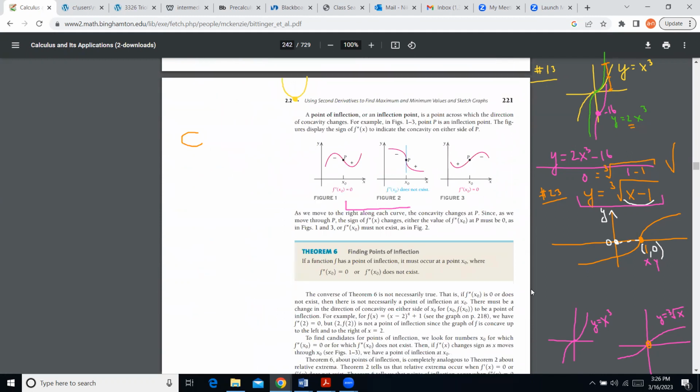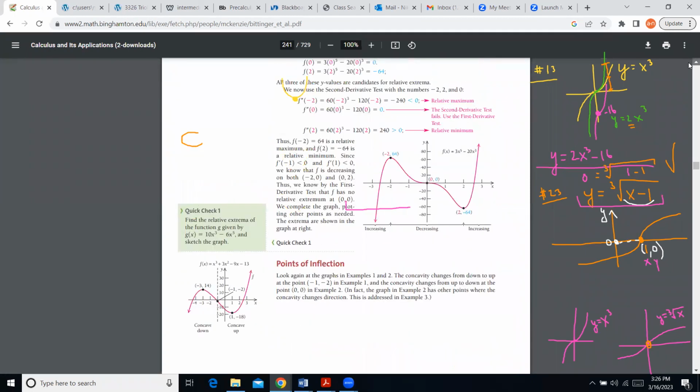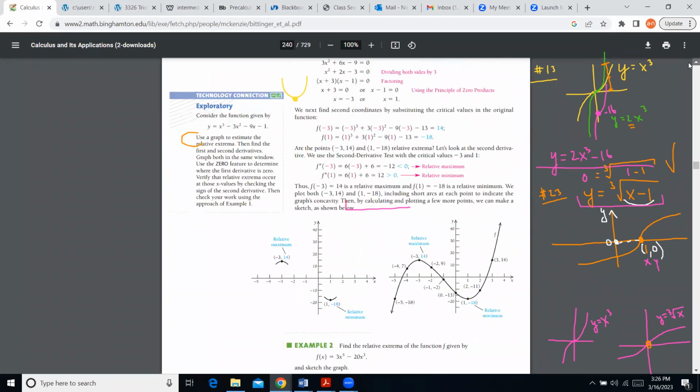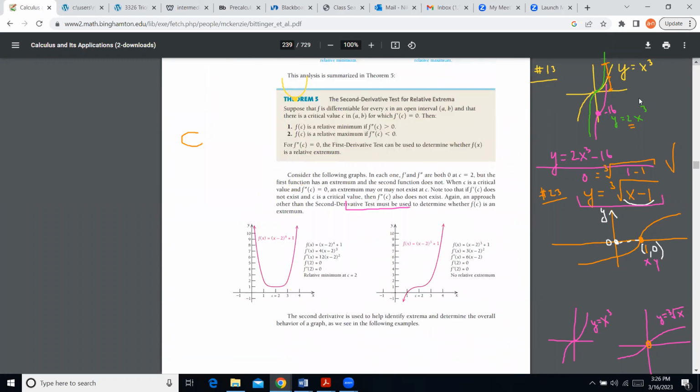Well, like in problem number 13, where we work with a cubic parabola, what they do is they say that you can find the so-called point of inflection, where you can imagine a curve like a parabola that opens upwards changing its shape to a curve like a parabola that opens downwards.